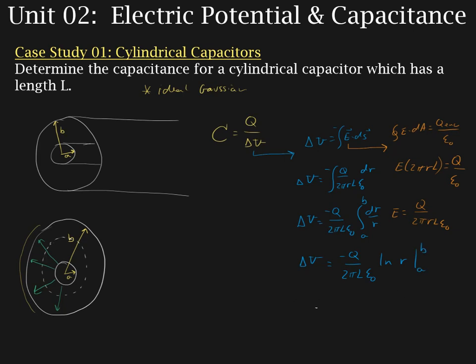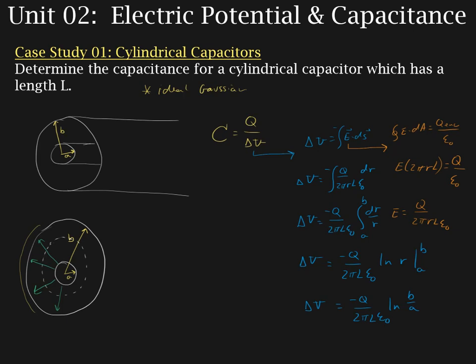And so we can finish writing this as delta V is equal to minus Q over 2 pi L epsilon naught times the natural log of B over A. And then we can substitute this into our expression for capacitance.